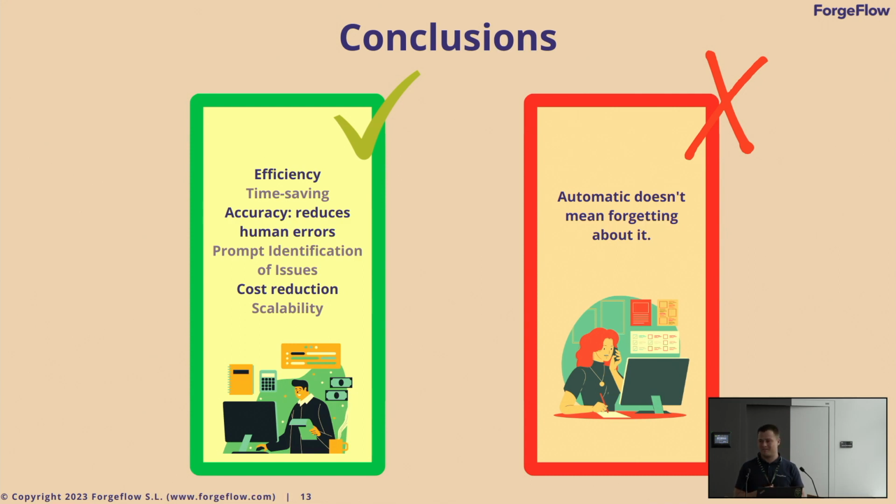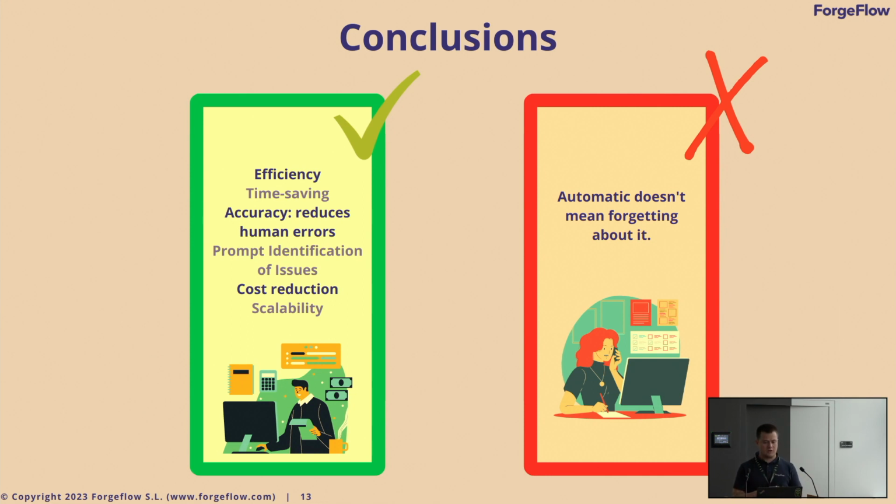As a conclusion, I said at Forceflow we work with companies that have hundreds of thousands of invoices each month, so you need to automate that. It helps in efficiency, it's time saving, and you also reduce human errors. It helps in the prompt identification of issues: because everything that works as expected is reconciled automatically, you just need to pay attention to why this invoice is not reconciled, or why we have a payment from Stripe for which we don't find any invoice.